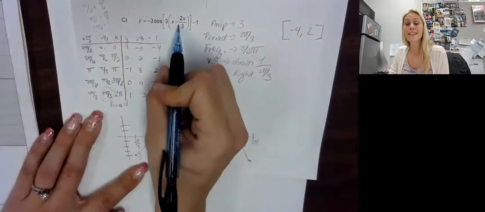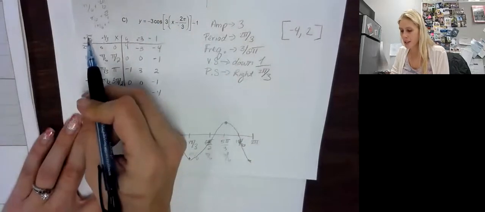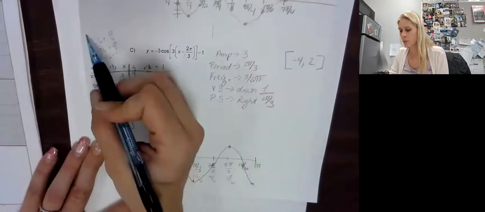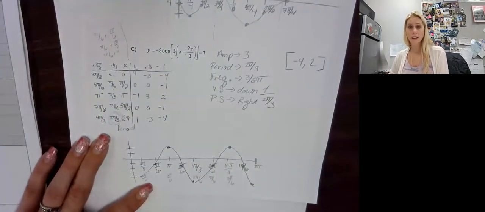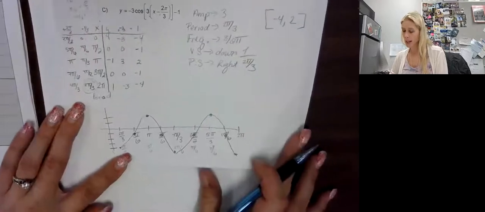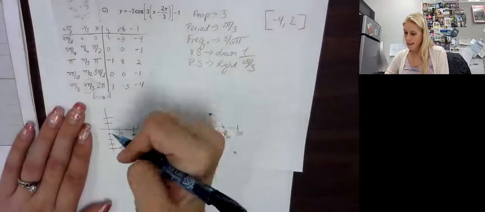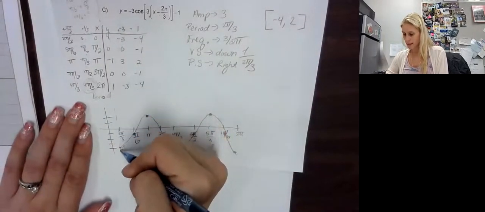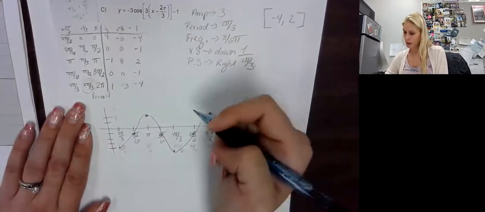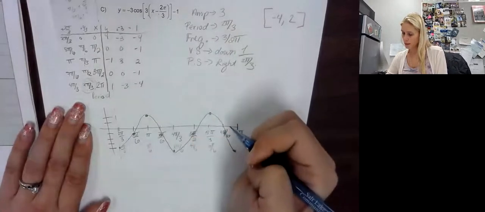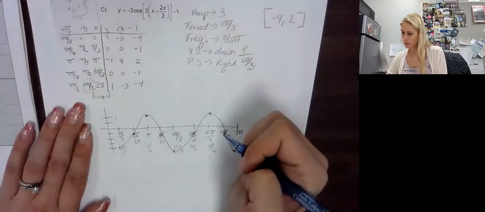We're going to do the opposite, so we're going to add 2 pi over 3. And as you can see, while I was doing my work, I did some side work of my fractions, common denominator, make sure it's all there. And then I see that I went to the right as I started, which is great because that's what I said, right. And my full period was at 2 pi over 3.